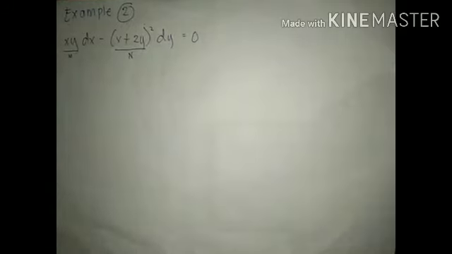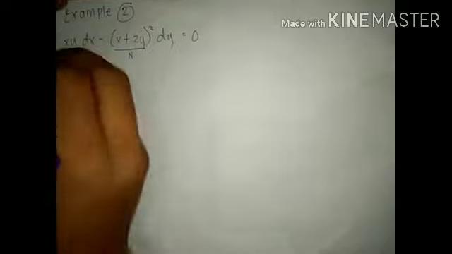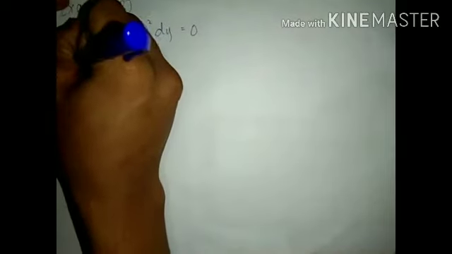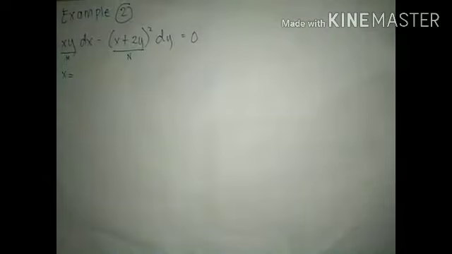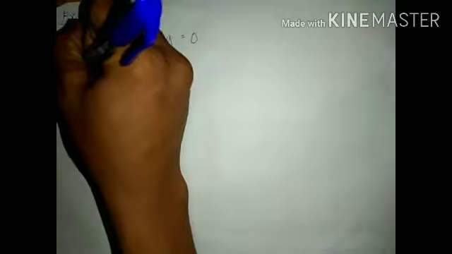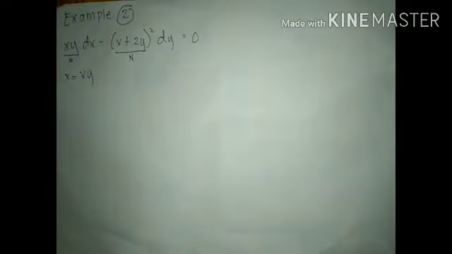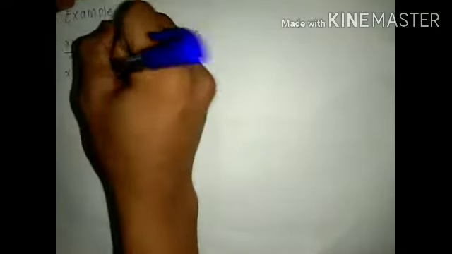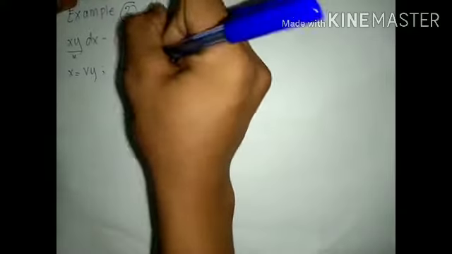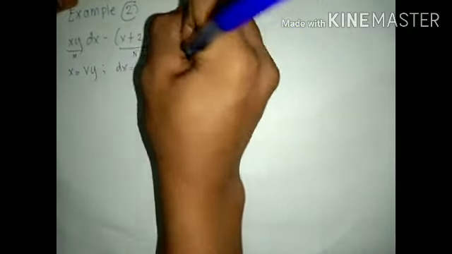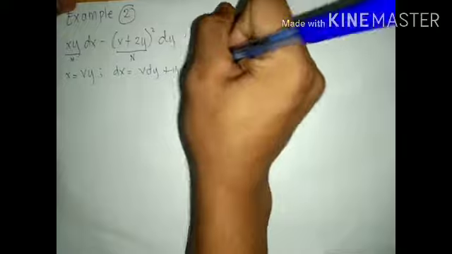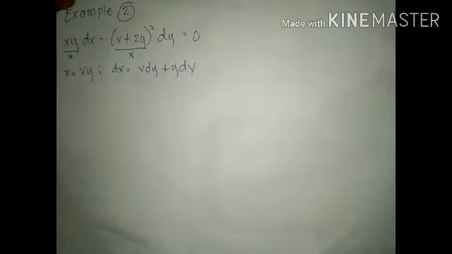So sa katong m na to, gikuha na to nga x, gamiton nga i-substitute na to. So x is equals to vy and dx is equals to v dy plus y dv.